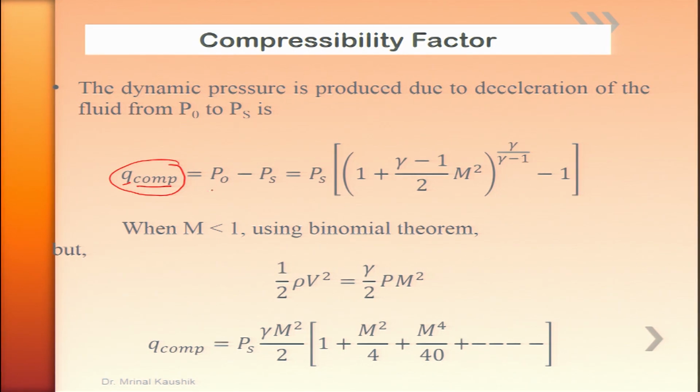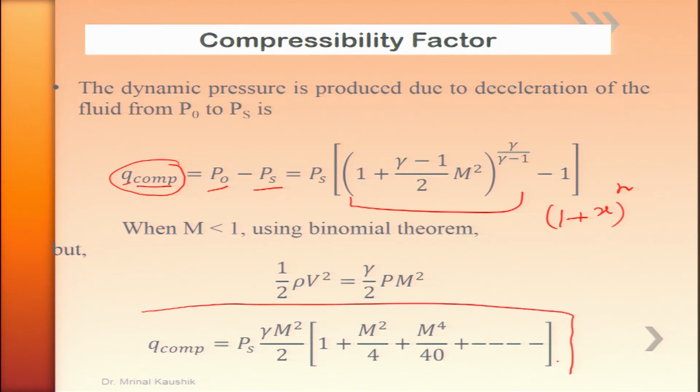Since P naught minus Ps is Q compressible, I can write Ps times the bracket 1 plus gamma minus 1 by 2 M square to the power gamma upon gamma minus 1, minus 1. From mathematics, we know this is of the form of a binomial expression, 1 plus x by n. Using the series of this binomial expansion, if we open that series, we find something like this.